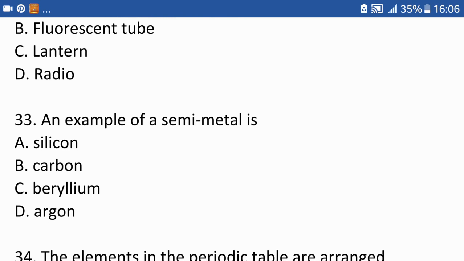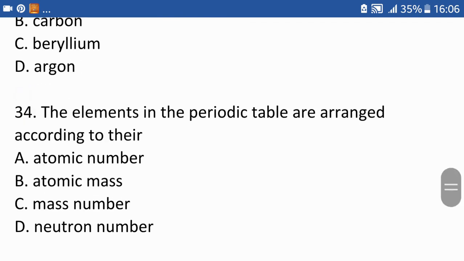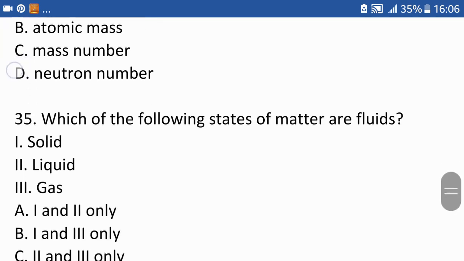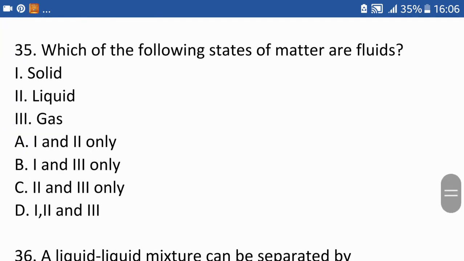33. An example of semi-metal is? 34. The elements in the periodic table are arranged according to their? 35.